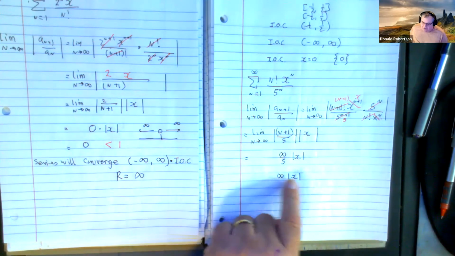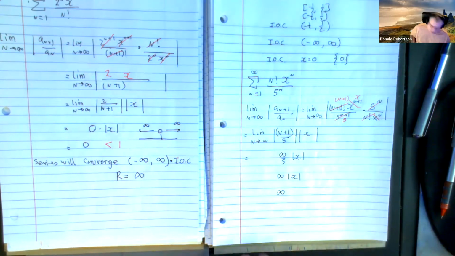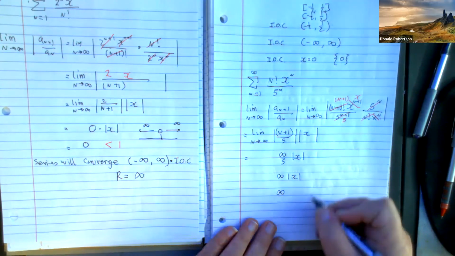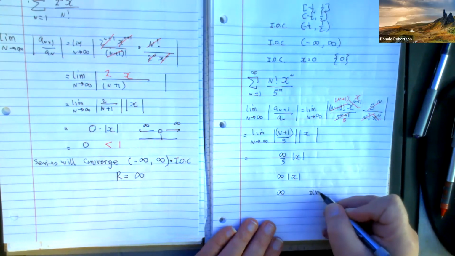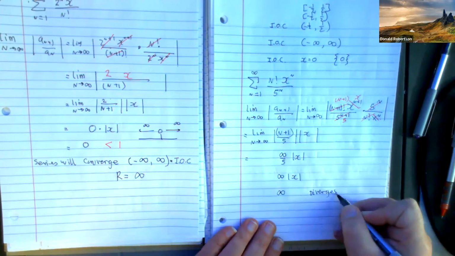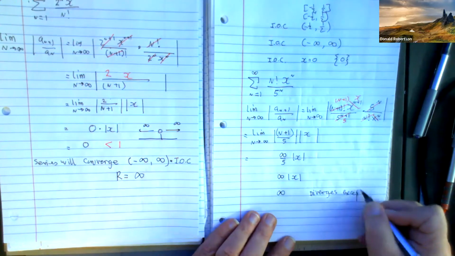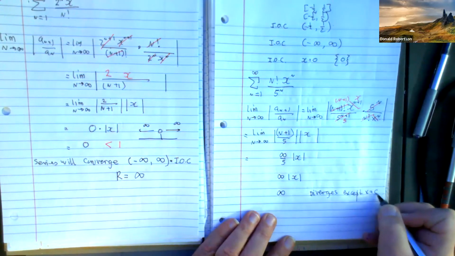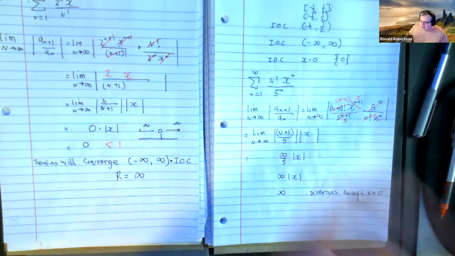And is infinity times a number, just treat absolute value of x as a number, isn't it still infinite? So essentially, doesn't this mean it doesn't matter who x is, theoretically at least, it diverges? Except when x is 0. Because infinity times 0 could work, right? You could get an answer.